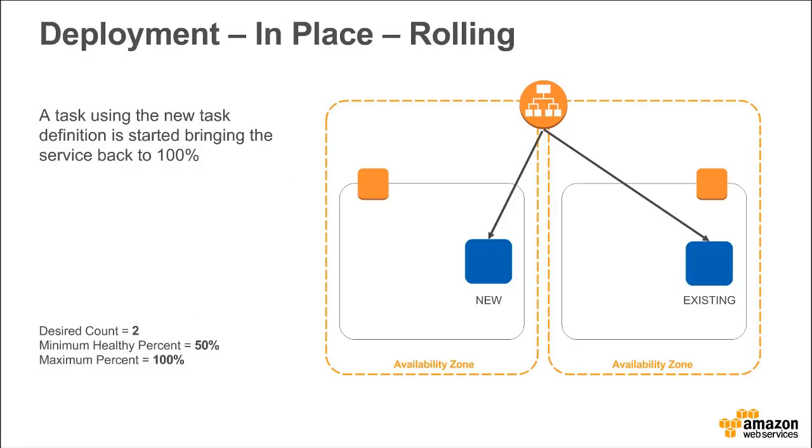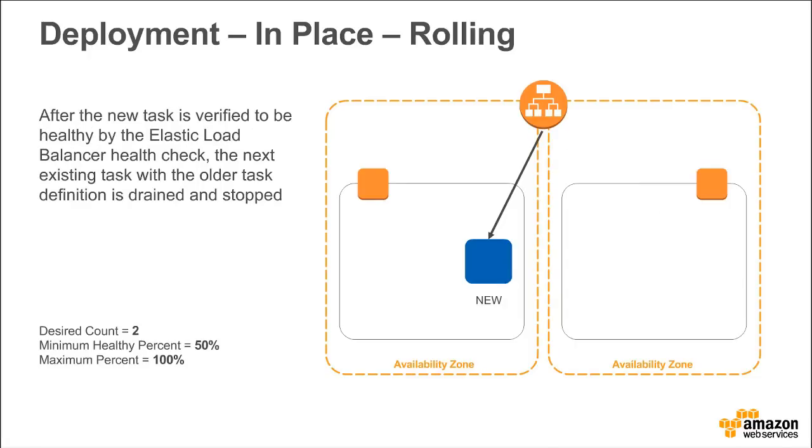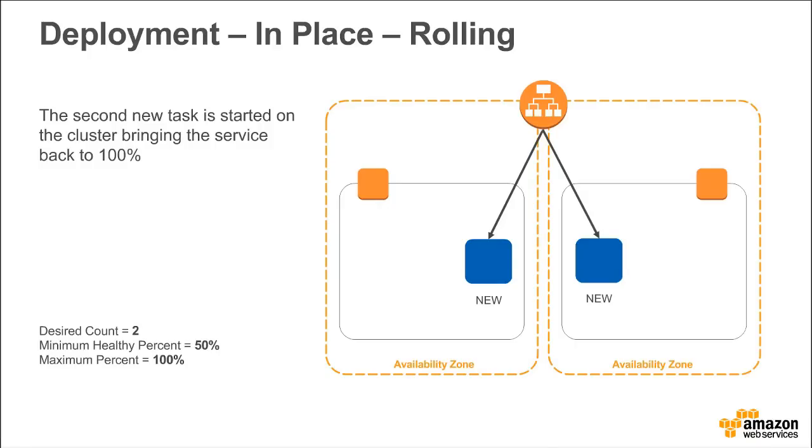It would start a new task, and that task would register and the Elastic Load Balancer would do a health check to ensure it's healthy. Next, we would start a new task on the first instance and start a new task on the second instance. So that's sort of a rolling deploy where we're telling ECS in our service configuration we want at least one task to run at any given time, and we want no more than 2 at any given time. So that's sort of a rolling deployment strategy.